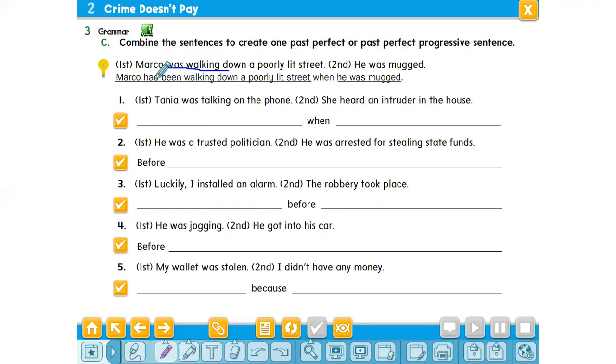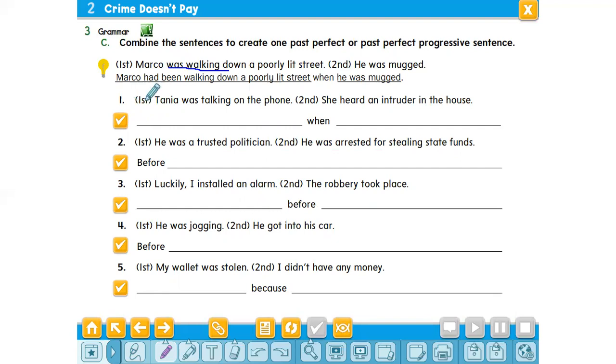What's the form of past perfect progressive? Had been walking. And the second action will be in the past simple: he was mugged. Now you can answer the first question.